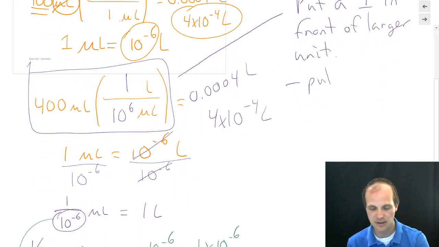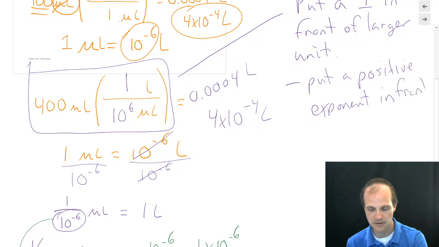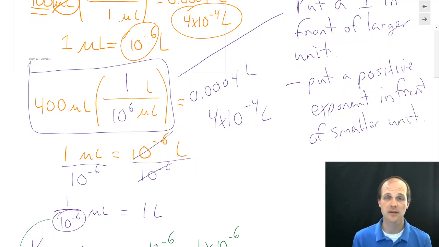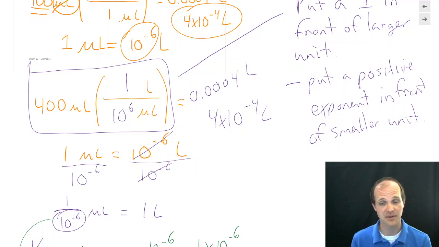And then you put a positive exponent in front of the smaller unit. Right. If it's always 1 of the larger unit, I'm always going to need lots of the smaller unit to make up that bigger unit. So even though we had micro, which is by definition 10 to the minus 6, we say, hey, I need a lot of microliters, so I need 10 to the positive 6 microliters.